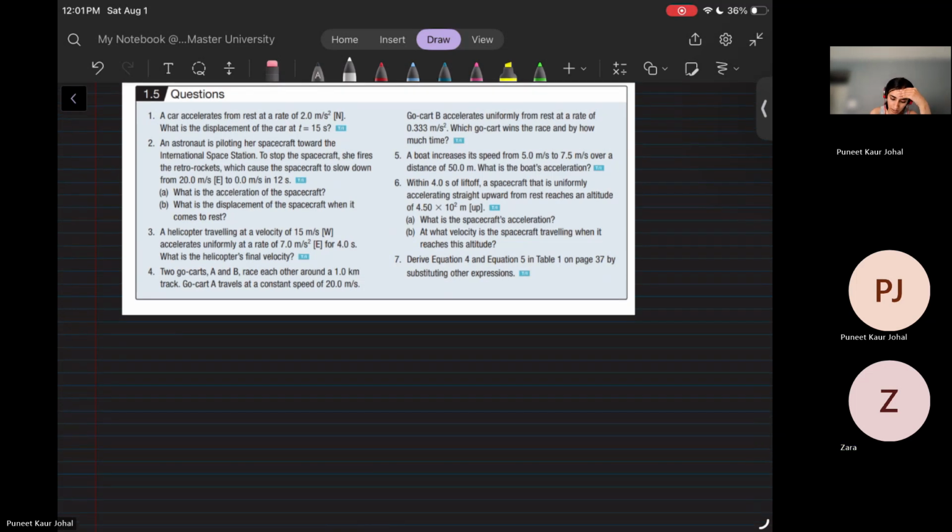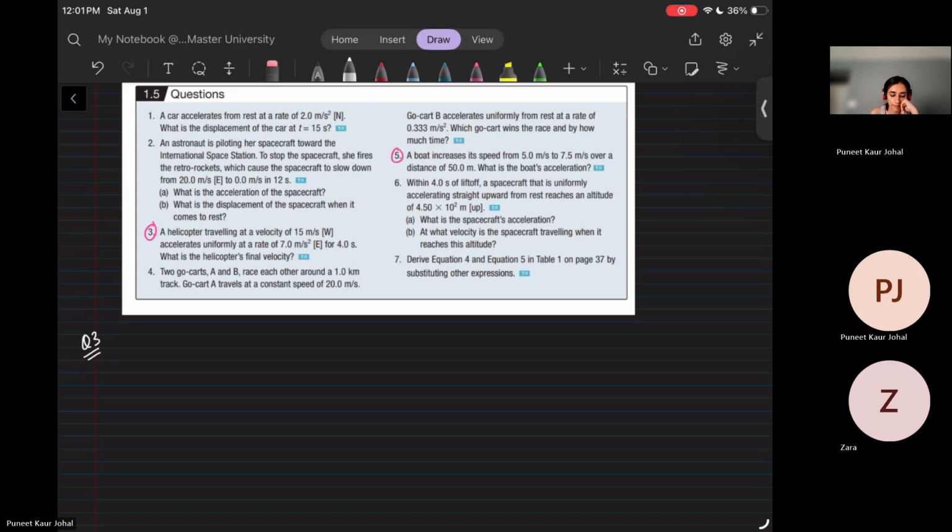Okay. So let's attempt 3 and 5. I'm not going to do the whole question, but I'll ask you what you think. Let's start with 3.